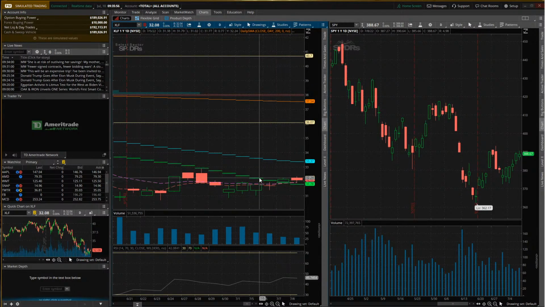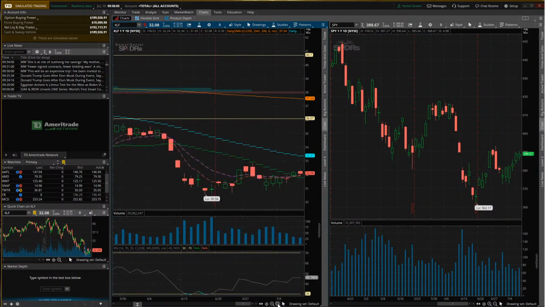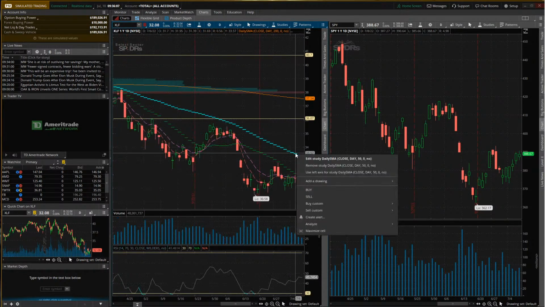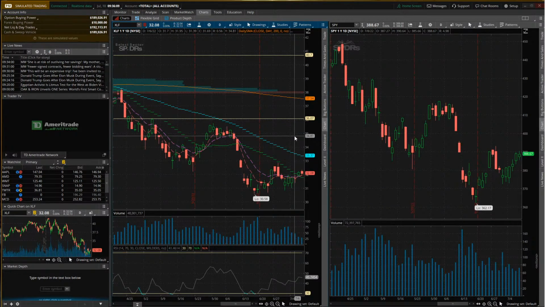And the 20 simple has just been crossed over by price, and by the exponential moving averages. But looking at the 50-day, it's still so low, I mean, it's so much higher than price right now, which still gives me that sign that we're still in that bearish market. And there's no real signal to me here that things are moving higher.